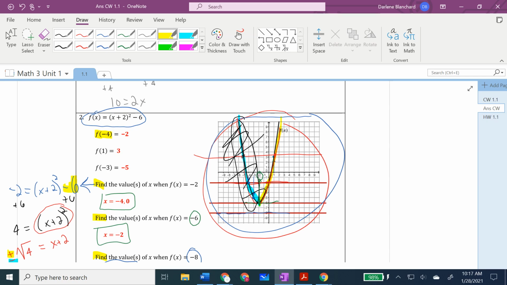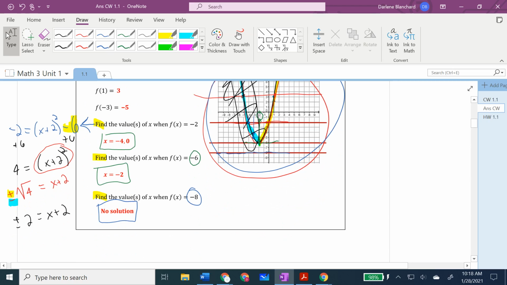So there's an important difference between functions and the bigger issue when you aren't dealing with functions. Functions are nice because once you put something in, there's only one answer that can come out, or you get that it doesn't work. But when you go backward and solve an equation, if it doesn't pass the horizontal line test, you have to be extra careful in solving.